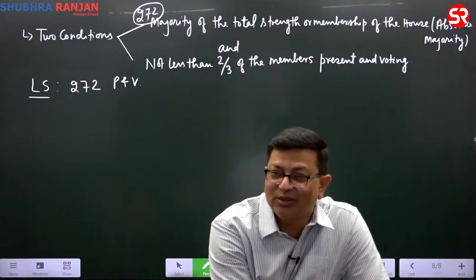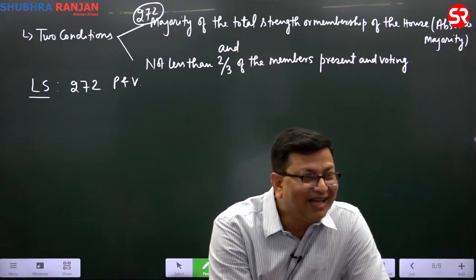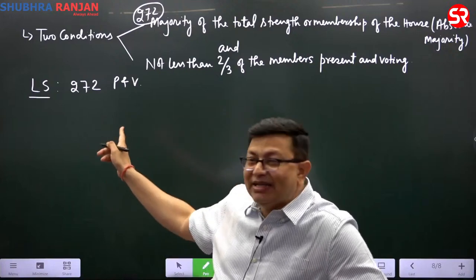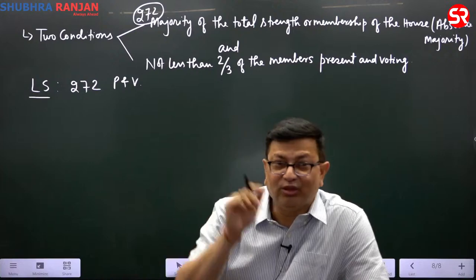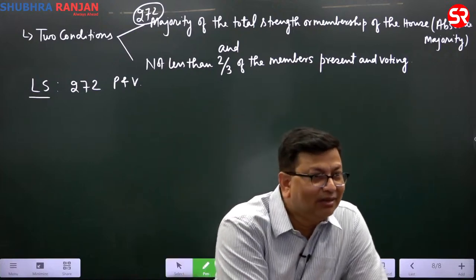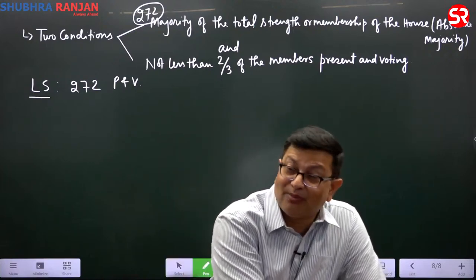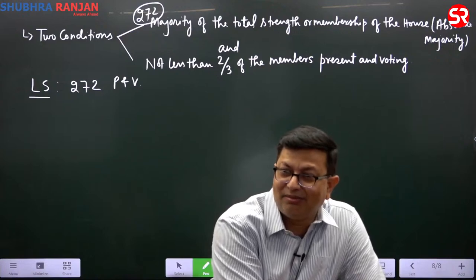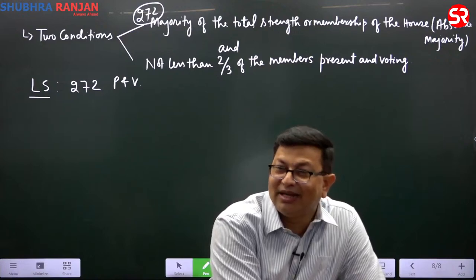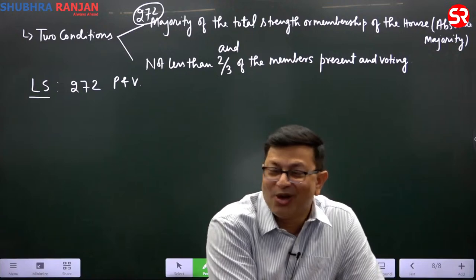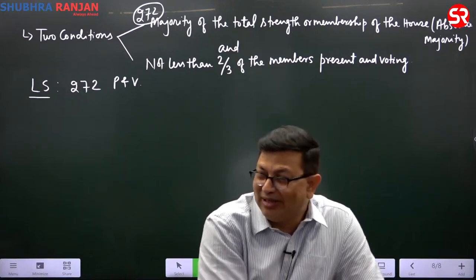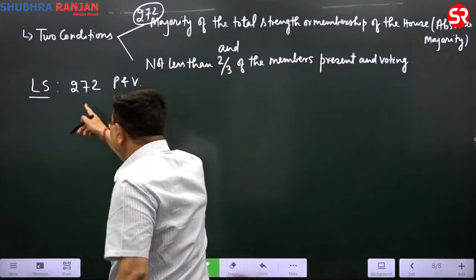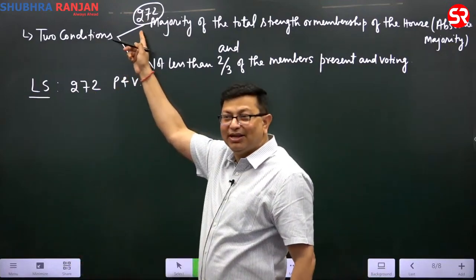Think before you answer. 272 members are present and voting, and you require both these conditions. All should vote in favor of the bill. So even though it will be 100%, it will be 272.